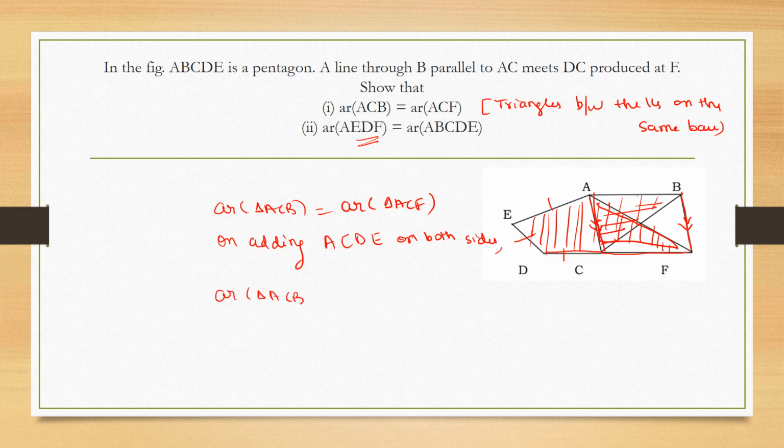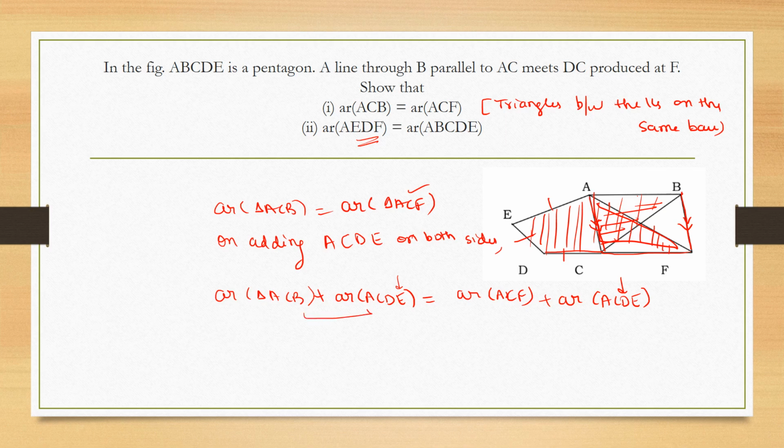So ECB plus ACDE. On the right hand side, this is ACF plus ACDE. According to Euclid's postulate or axiom, I can do it, right? I can add equals to equals.